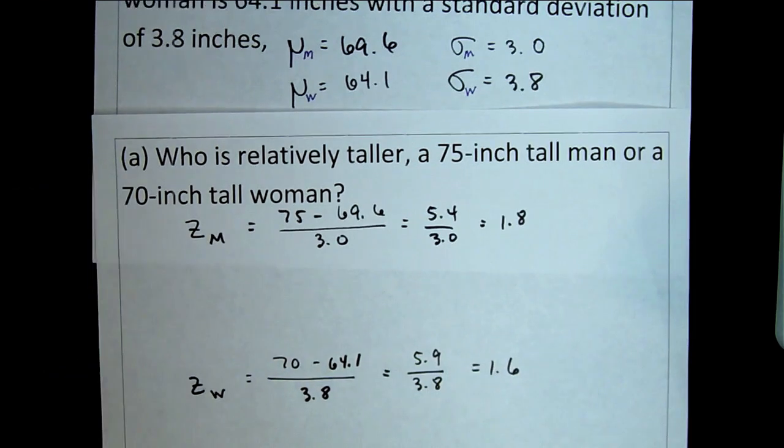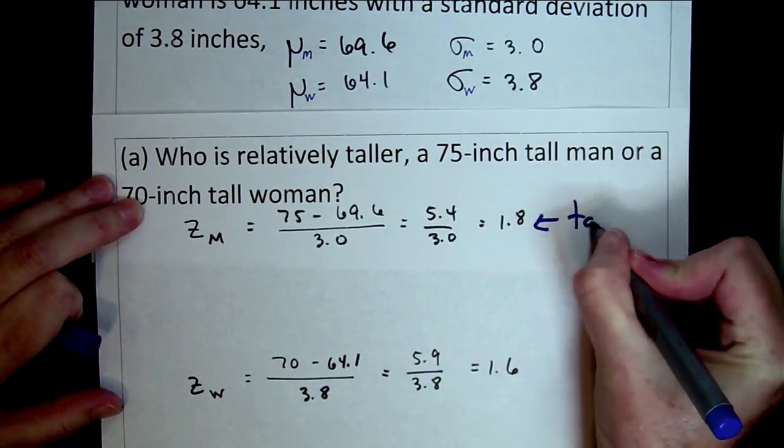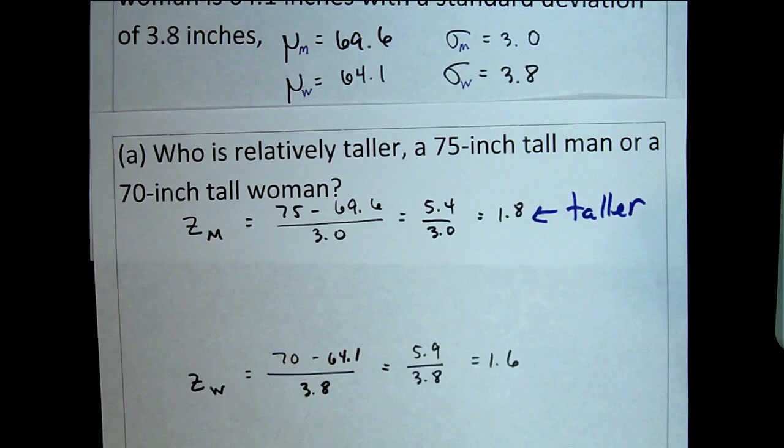So she's only 1.6 standard deviations above average height for a woman. So relatively speaking, in terms of their genders, he is taller. He's got a taller height status for his gender than she does for hers.